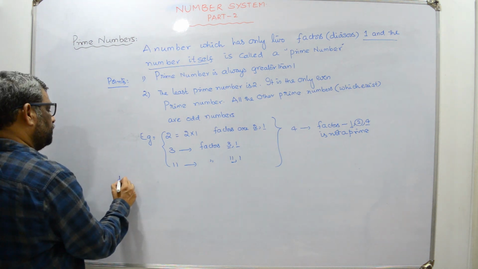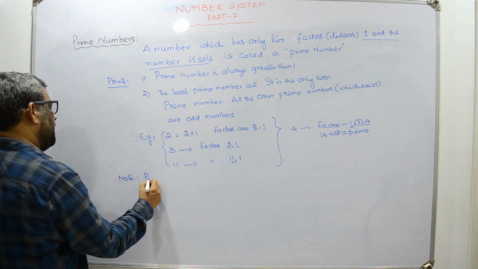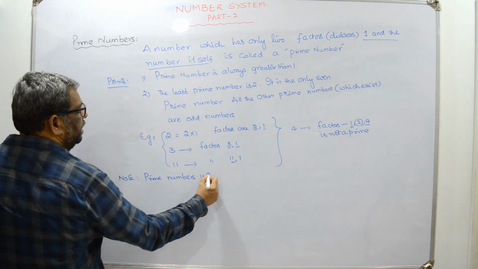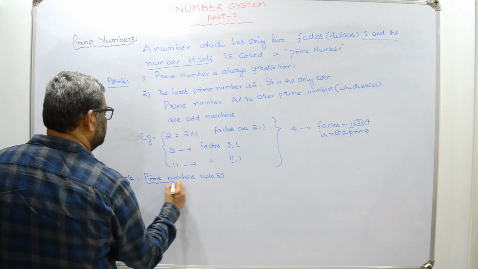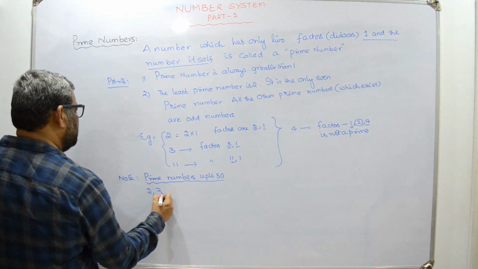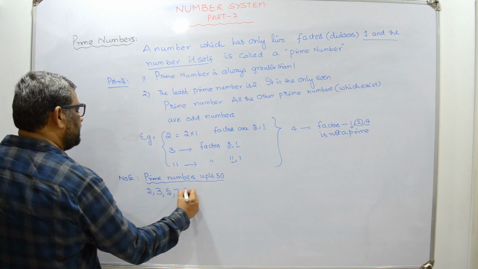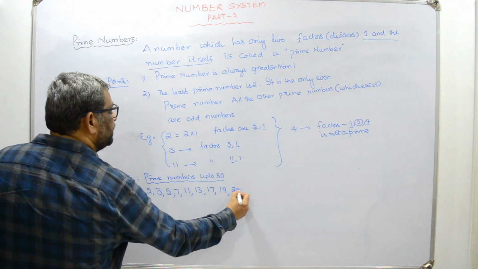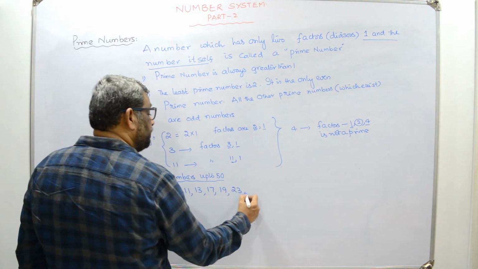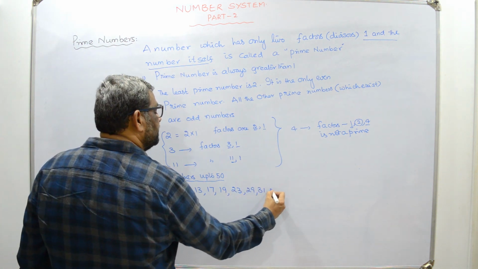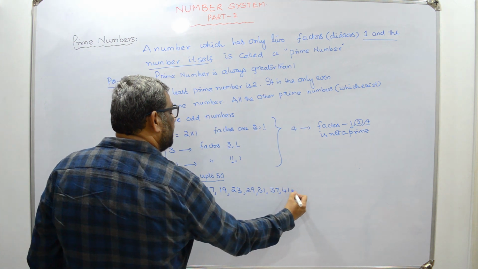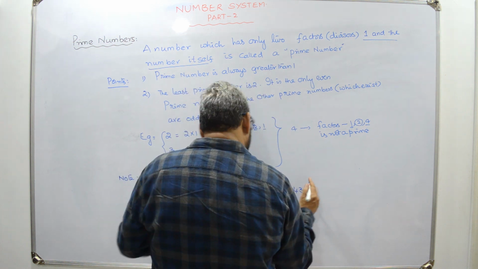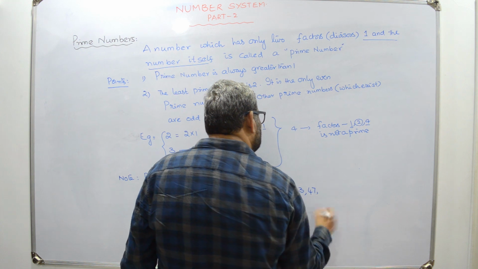So, note, prime numbers up to 50: 2, 3, 5, 7, 11, 13, 17, 19, 23, 29, 31, 37, 41, 43, 47, that's it.